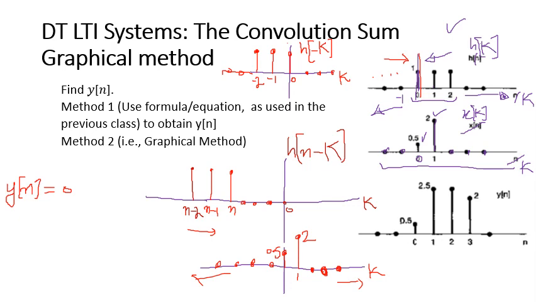You bring it closer towards this side, so again the product will result in 0 until you reach 0. When n is equal to 0, this signal is non-zero and this signal is non-zero, so the product will be non-zero. Let me plot here again. I hope this gives you an understanding of what we are doing, right?